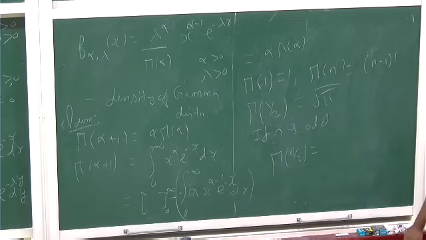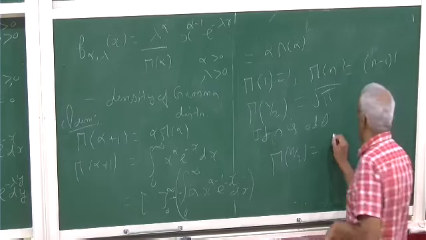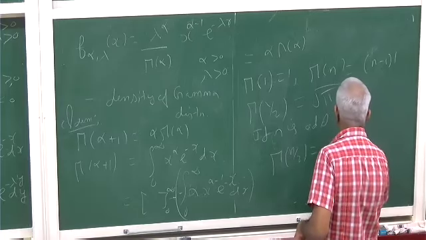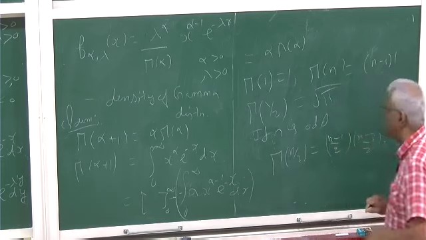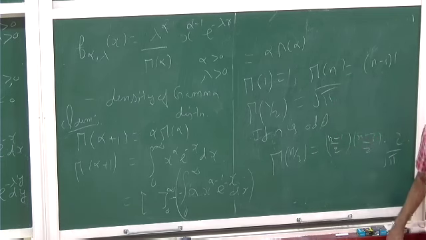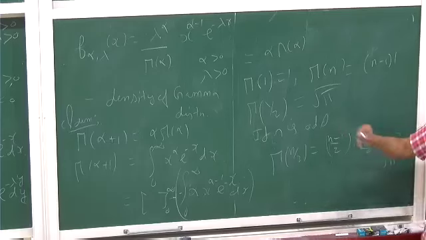Gamma of n by 2 will be n minus 1 by 2, n minus 3 by 2, whatever exists, up to 2, into square root of pi. Right?